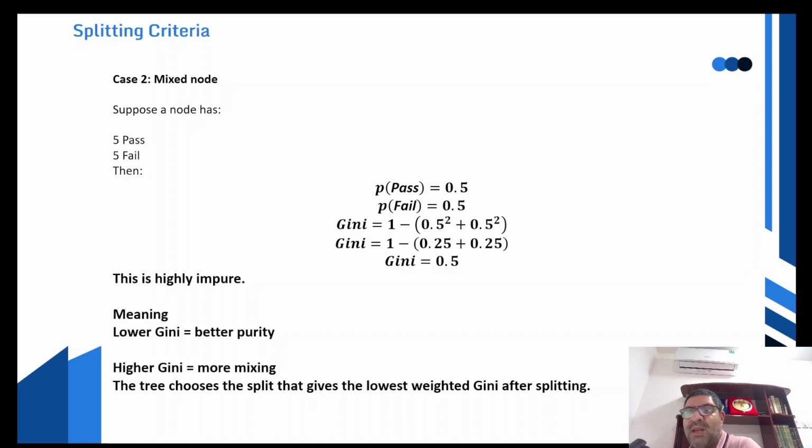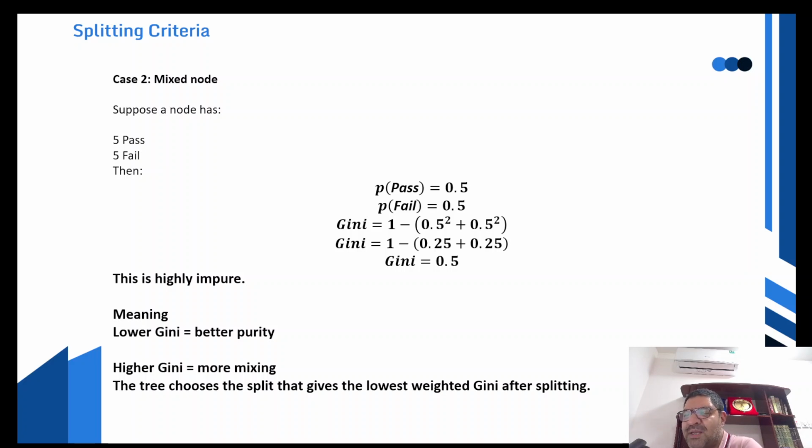It's going to be 1 minus (0.5 squared plus 0.5 squared), which is 1 minus (0.25 plus 0.25). The Gini is equivalent to 0.5. This is highly impure, because exactly half is in each class. Lower Gini means better purity.